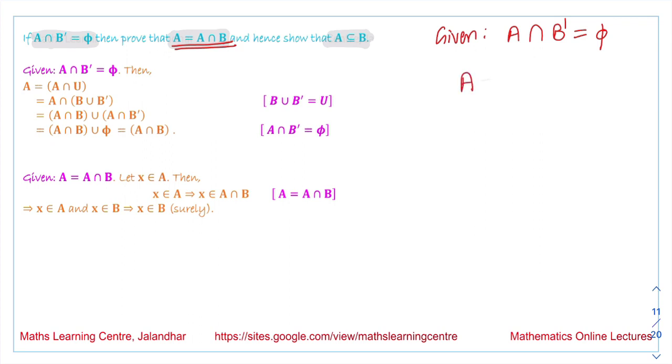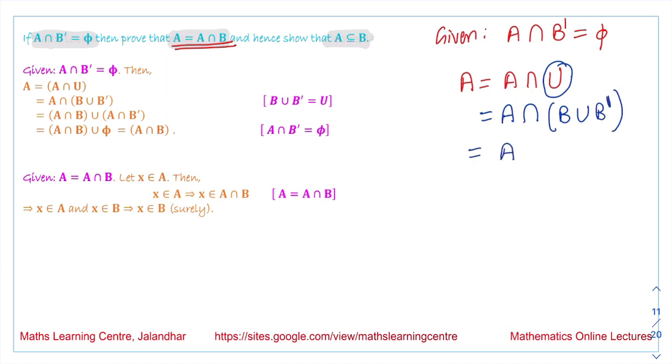So we are writing A is equal to A intersection the universal set. We can write this universal set as B union B complement, so this is equal to A intersection (B union B complement). This gives us A intersection B union A intersection B complement.